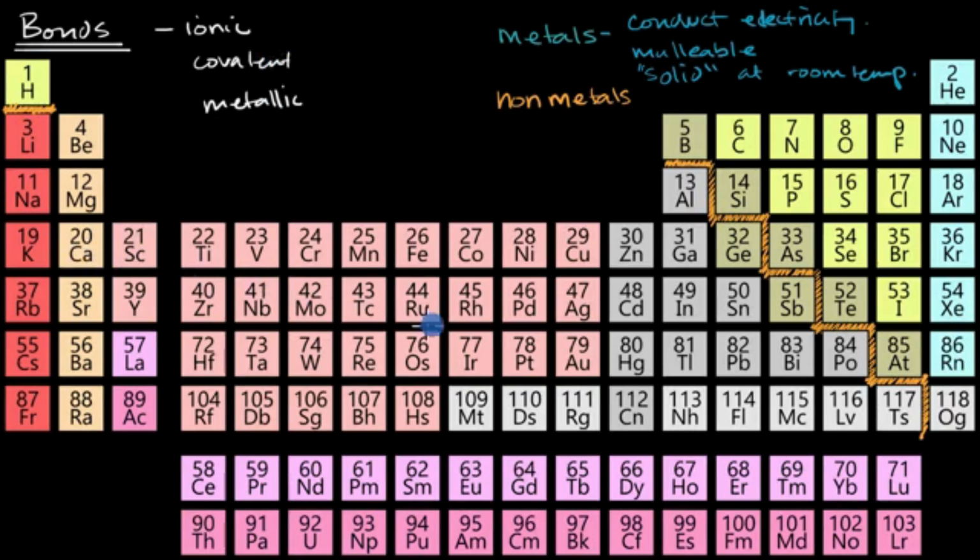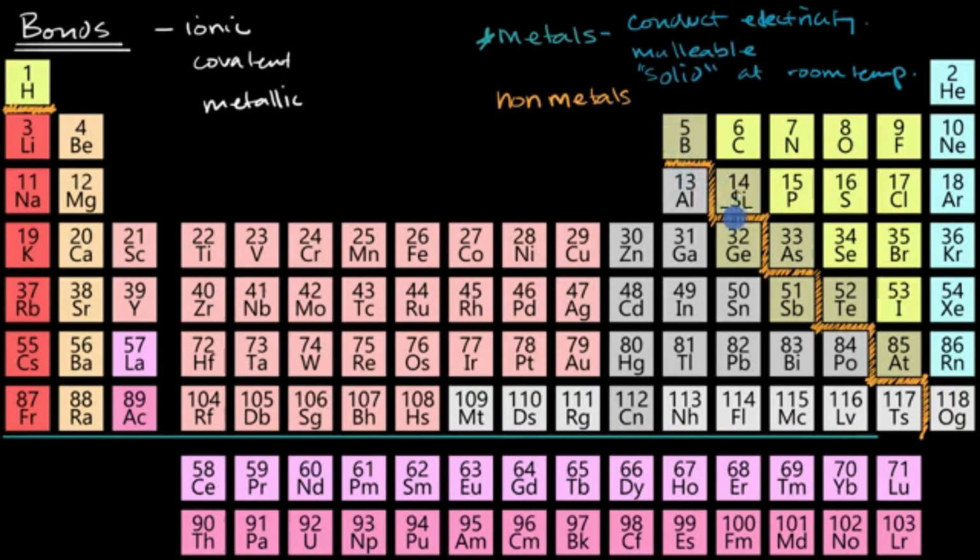Now, everything else you can consider in some form to be a metal. The reason why this periodic table has different colors is that there's sub-classifications of the metals. But generally speaking, all of these things below this scratchy yellow line have the properties of conducting electricity, being malleable, being solid at room temperature.